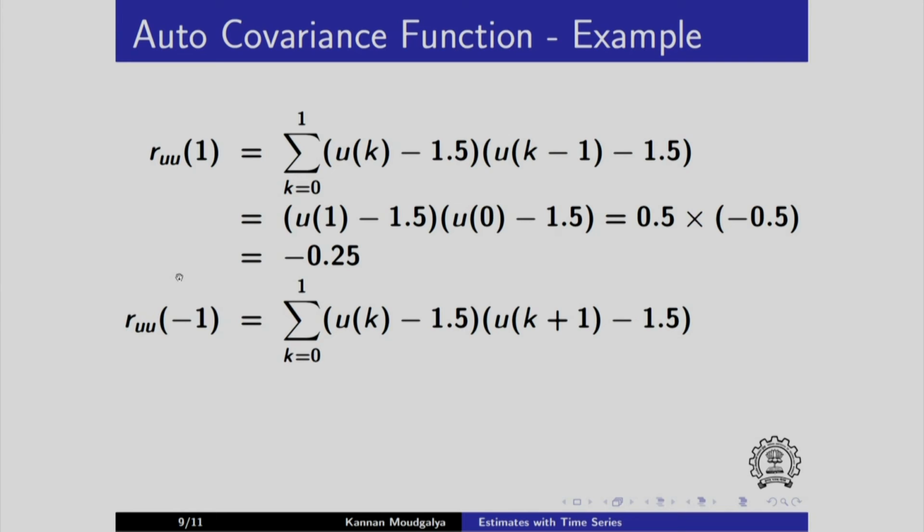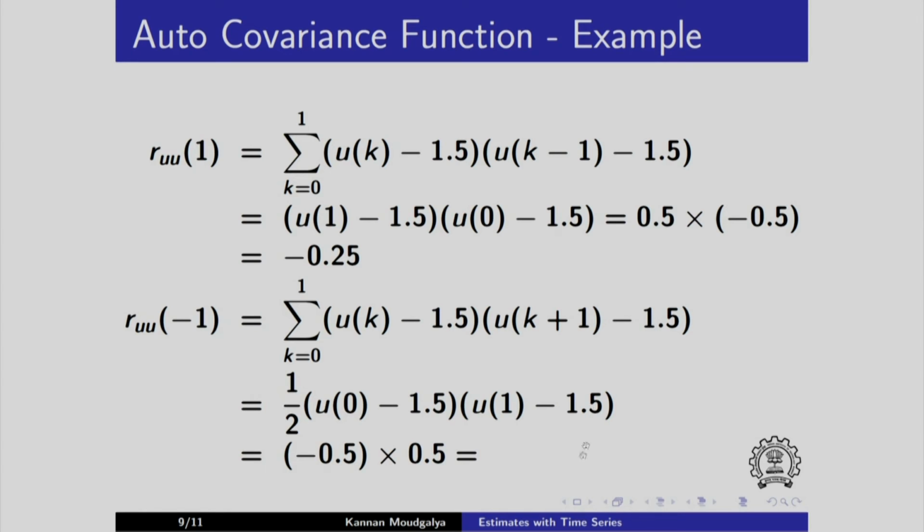Next, r uu of minus 1. I made a mistake: in the previous slide I said r uu of 2. One can check that r uu of 2 will give 0. You only have to calculate r uu of minus 1. Then once again use the same formula, and you get the value to be once again minus 0.25. I would want you to go through this calculation yourself.